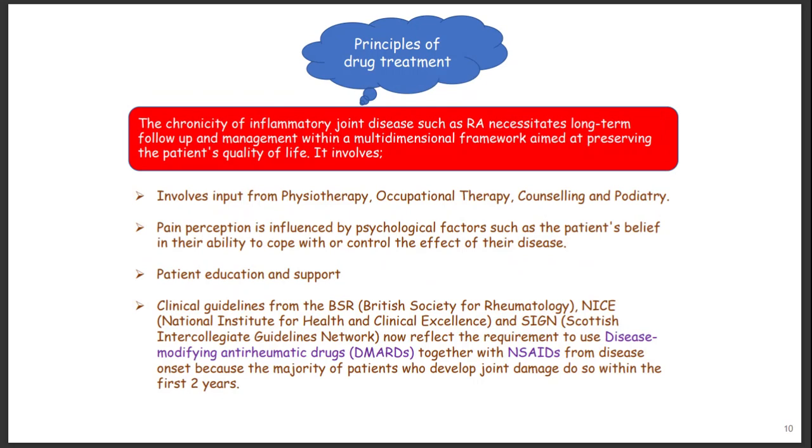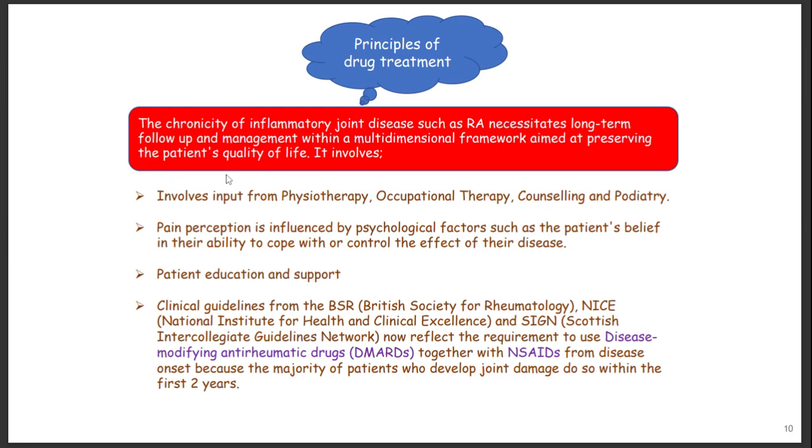So what are the principles of drug treatment of rheumatoid arthritis and osteoarthritis? The chronicity of inflammatory joint disease such as rheumatoid arthritis necessitates long-term follow-up and management within a multi-dimensional framework aimed at preserving the patient's quality of life. You can say it's important.